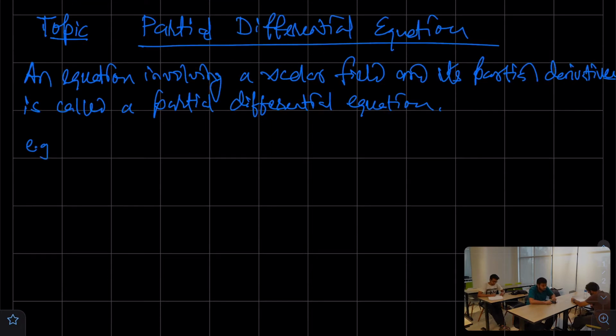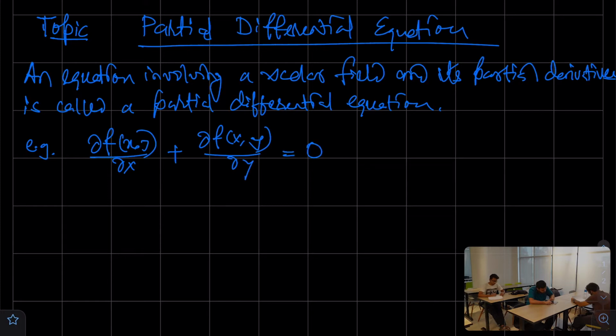So for example, this is one of them. Okay, this is one example. This is another example. Suppose again xy is there. Okay.